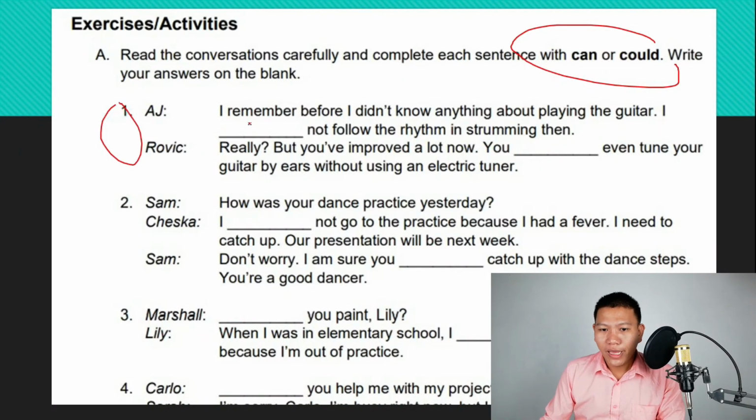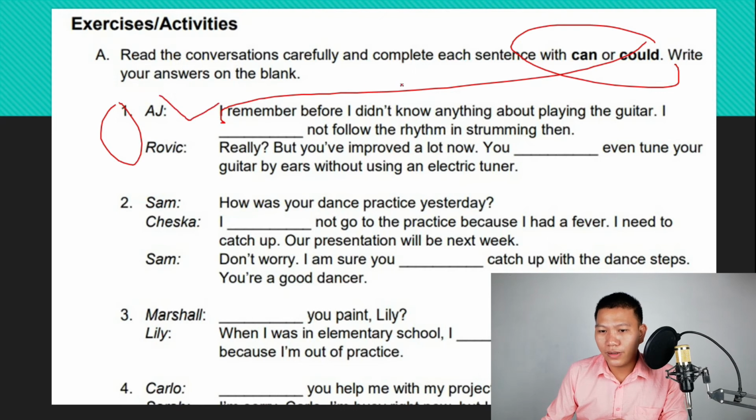AJ, number 1. AJ: I remember before I didn't know anything about playing the guitar. Before I didn't know anything about playing the guitar, I blank not follow the rhythm in strumming then. So it's an action in the past. So certainly it's could. It's in the past form, so it's could.